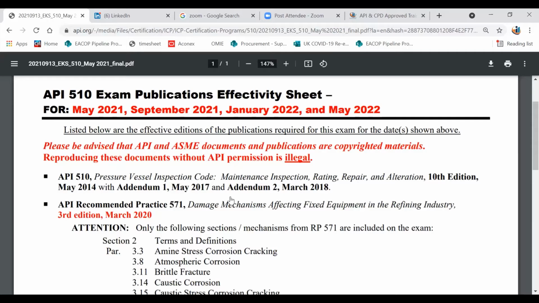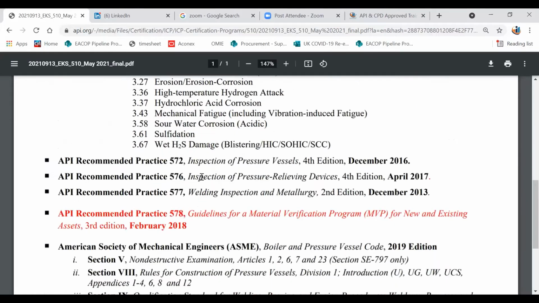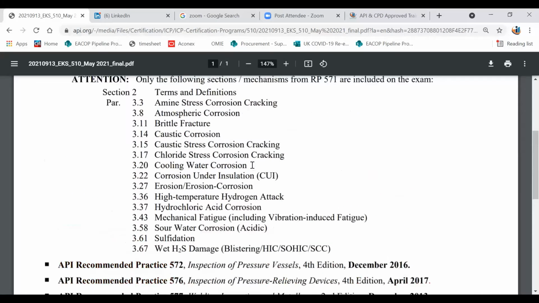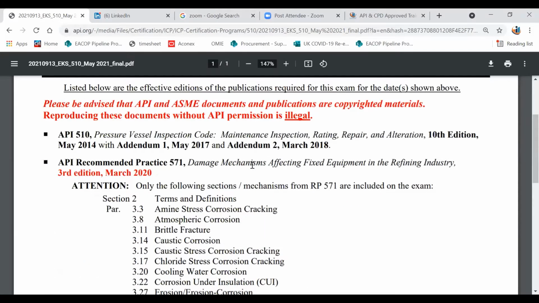Now, you might get confused: what is the difference between the pressure vessel inspection code, API 510, and the inspection of pressure vessels, 572? When you study both of them, there are a lot of similarities. The vocabulary is almost the same, and a lot of topics are covered in both. But the main idea of API 510, the pressure vessel inspection code, is that it is like a constitutional law: what you must do and what you must not do.